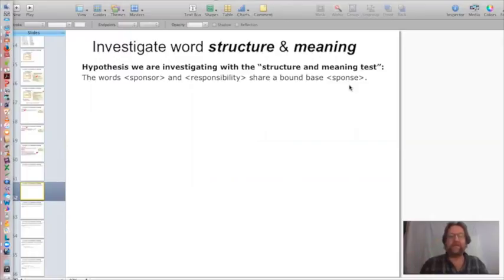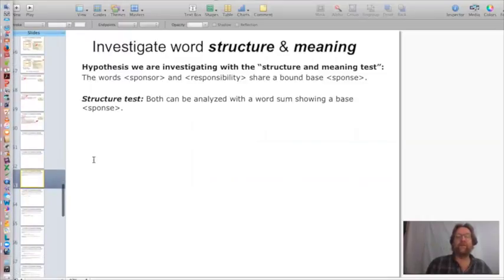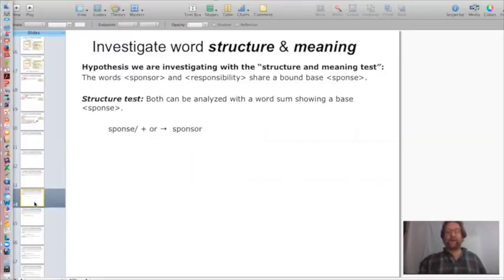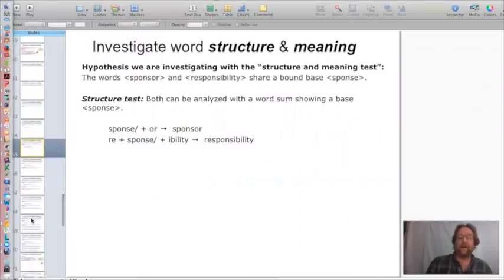If it's a base, we need to find evidence that we can prove that SPONSE builds sponsor and responsibility. Now, we did the structure test because both could be analyzed with the word sum showing this base. So we had SPONSE plus OR, and that built sponsor. We had RE plus SPONSE plus IBILITY, and that builds responsibility, and the suffixing changes apply.